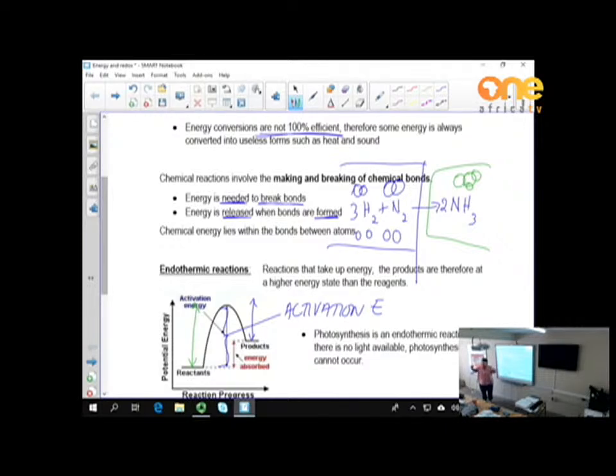When they bump into each other with a large enough force, bang, then new chemical bonds can form. Many of these particles just bump and bounce off, and then at a certain point, they can form a chemical bond if there is enough energy. That is the activation energy.